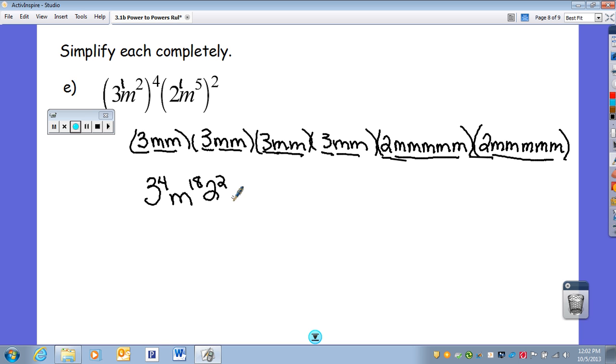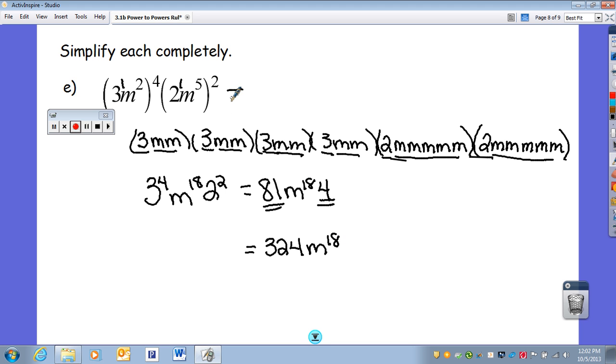So when I simplify this, I have 3 to the 4th power. 3 times 3 is 9, times 3 is 27, times 3 is 81. And I have m to the 18th power, and then I have 2 to the 2nd power, which is 4. And then I want to make sure that I multiply what I can together. So I would have 81 times 4, which is 324 m to the 18th power.